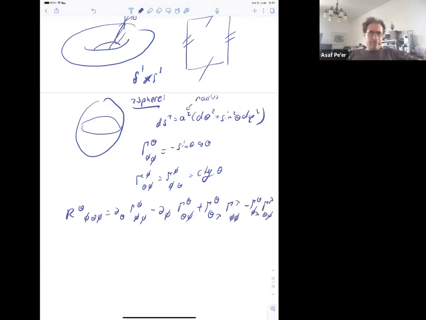Everything else will be either zeros or connected to that by symmetries. So that's going to be sine squared theta minus cosine squared theta. That will be a 0, that will be a 0, and that will be a minus of a minus sine theta cosine theta times cosine theta. So we end up with this being sine squared theta.